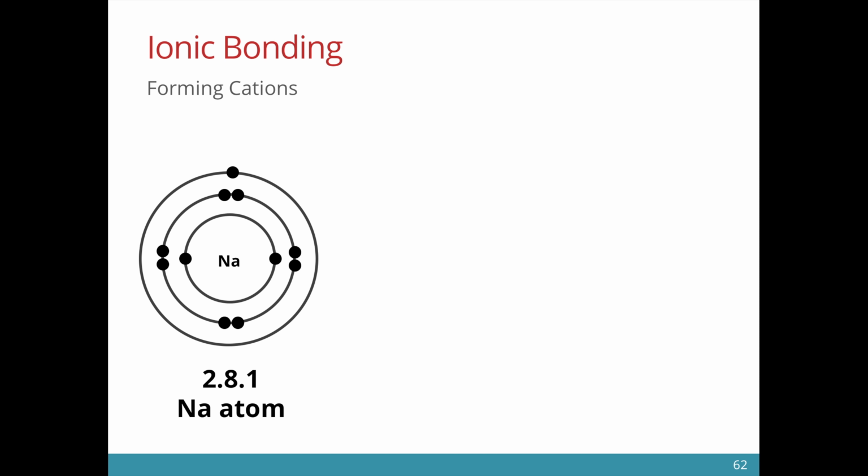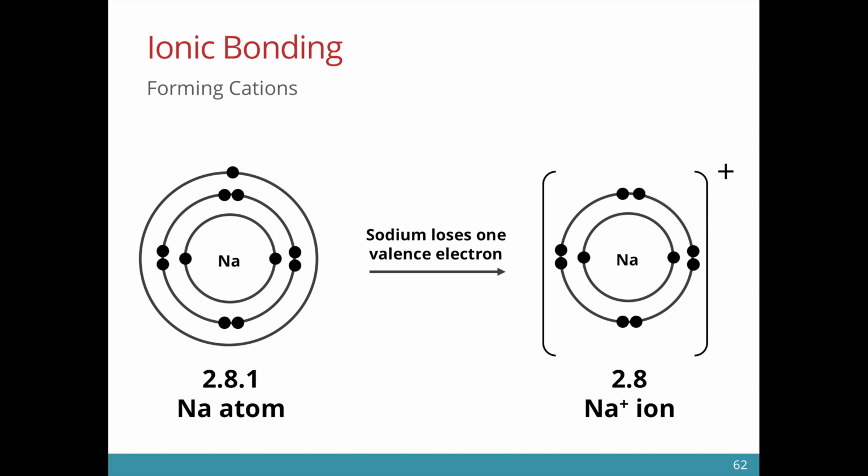A sodium atom has 11 electrons and its electronic configuration is 2.8.1. There is one valence electron, which is easily lost to form a sodium cation. In the process of losing the electron, the sodium atom achieves a fully filled valence shell, or what we call the stable noble gas configuration.